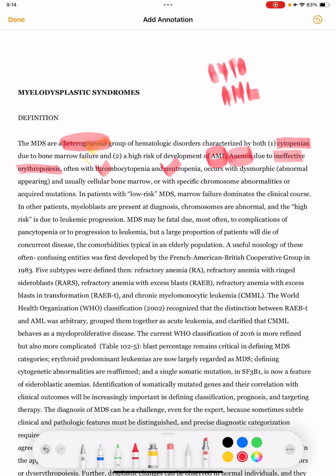And usually cellular bone marrow. So how will the bone marrow be? The bone marrow will be cellular, dysmorphic, that is abnormal appearing, and there will also be specific chromosome abnormalities or acquired mutations. So MDS means there will be cytopenias and a high risk of development of AML.